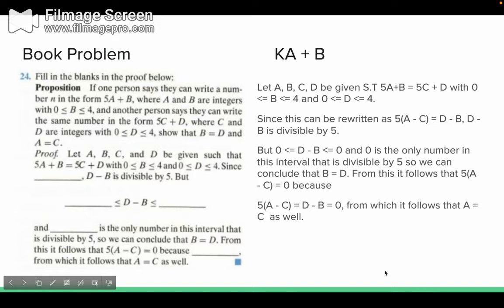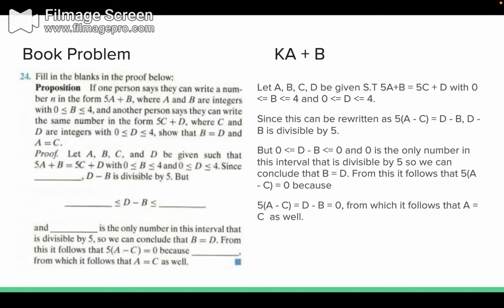So here's my proof that I filled in. We let a, b, c, and d be given such that 5a plus b equals 5c plus d, with b being greater than or equal to 0 but less than or equal to 4, and d being greater than or equal to 0 but less than or equal to 4. This can be rewritten as 5 times (a minus c) equals d minus b, so d minus b is divisible by 5.